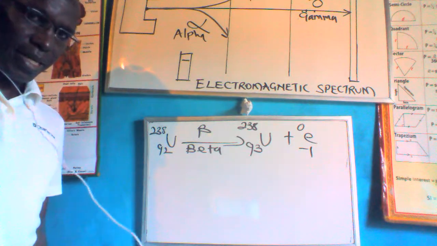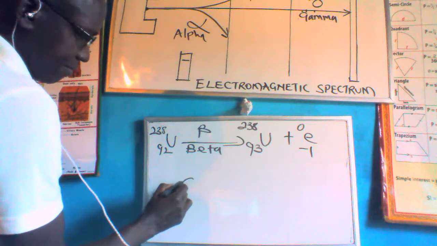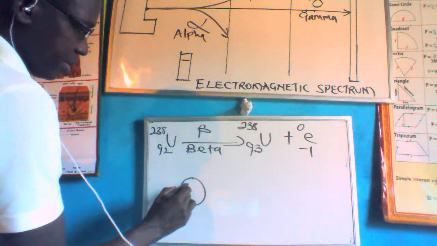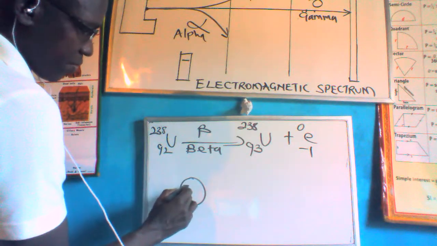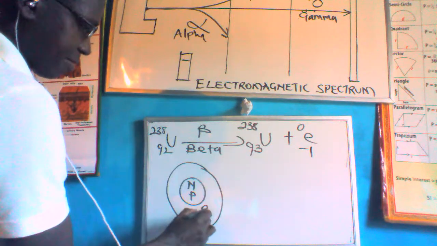Why then is this the case? As alluded to earlier, the beta particle is an emission from the nucleus of an atom, as represented here.